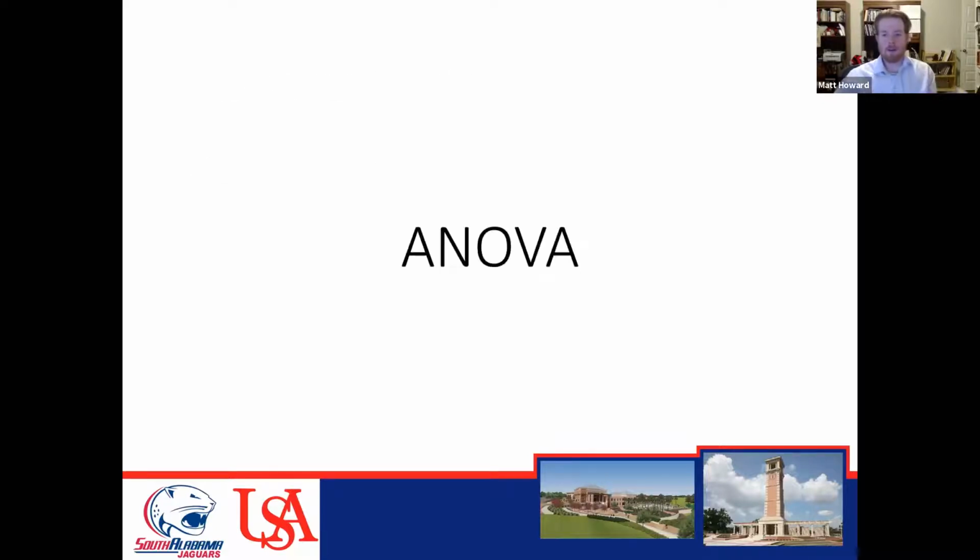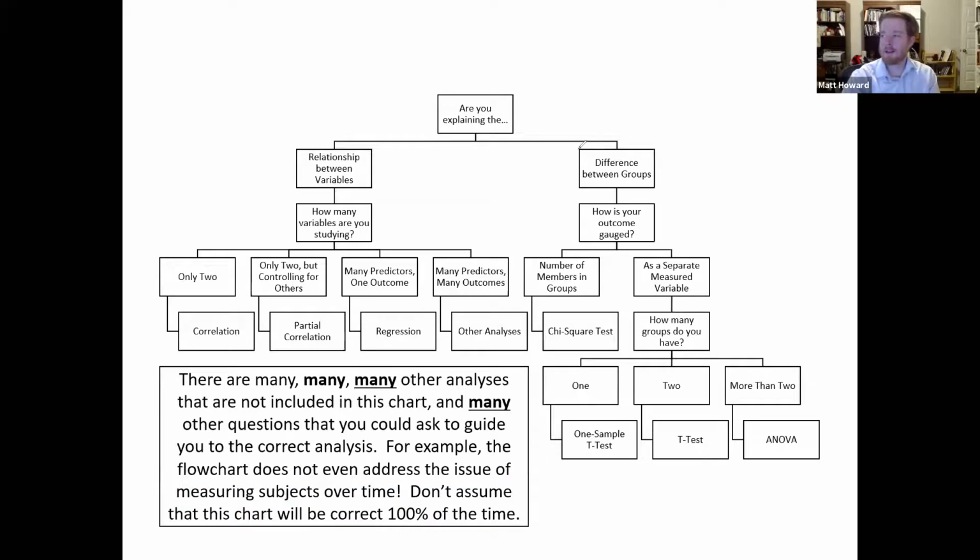So moving on then, now we're going to cover ANOVA. We just covered one-sample t-tests and two-sample t-tests. As we covered at the start of the lecture today, which was only 45 minutes ago, this time is going by really quickly, the things we're covering today are about explaining the difference between groups.